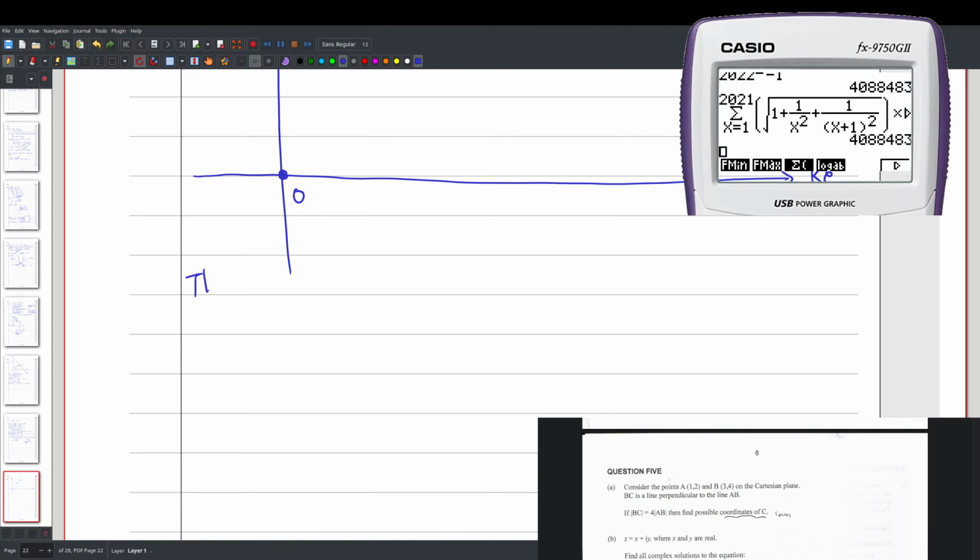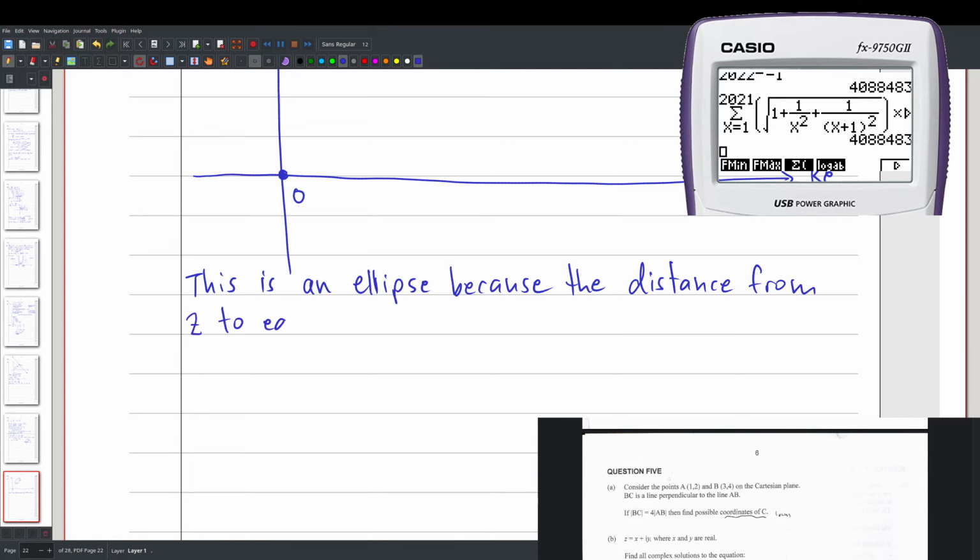This is an ellipse because the distance from Z to each of 2 points is a constant, which is 4.